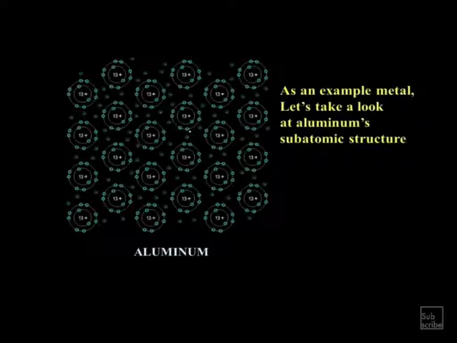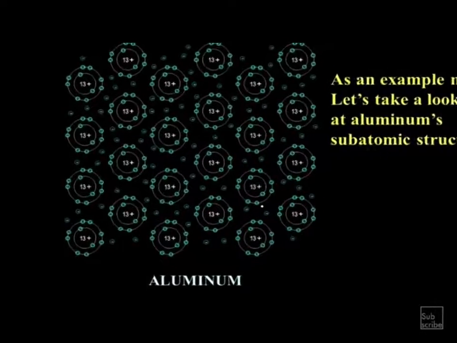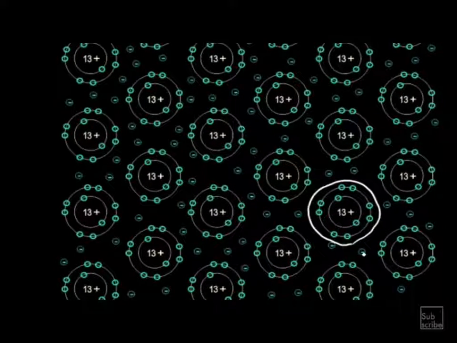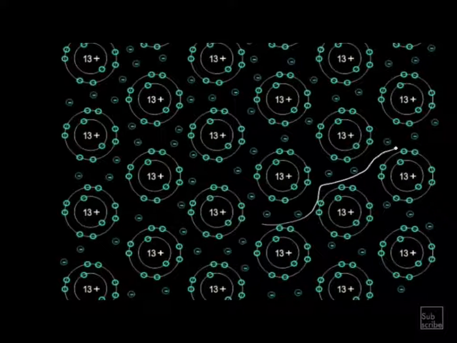So as an example, we'll take a look at aluminum. Looking at the subatomic structure, we can see each aluminum atom has 13 protons, but only 10 electrons. It has given up the 3 valence electrons to what is called the electron C. This is why it's called the electron C model. The space in between each atom is filled by the valence electrons that have been given up by each metal atom. So the metal atoms become cations, positively charged ions, and the valence electrons are loose in the spaces between the cations.